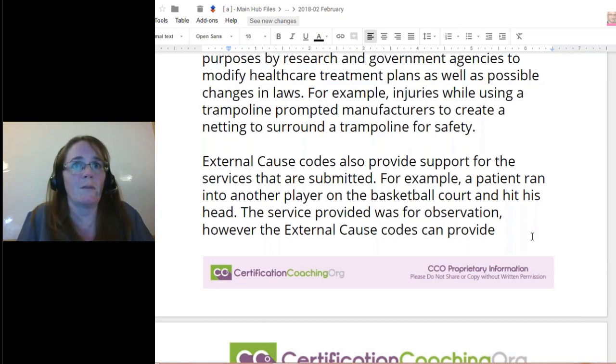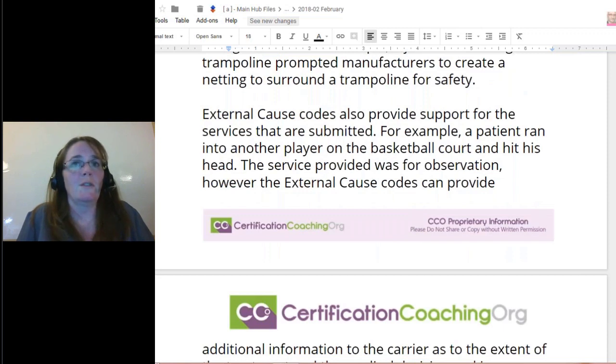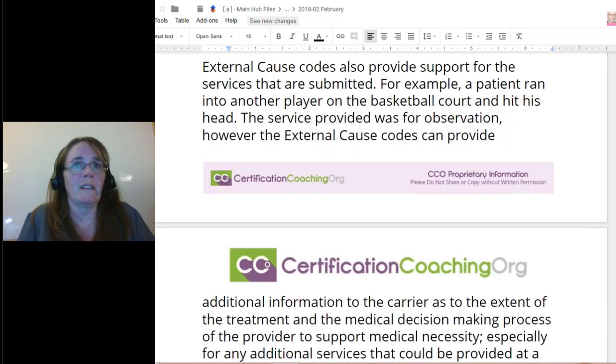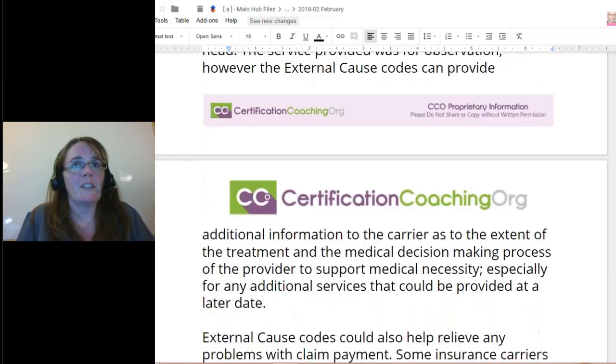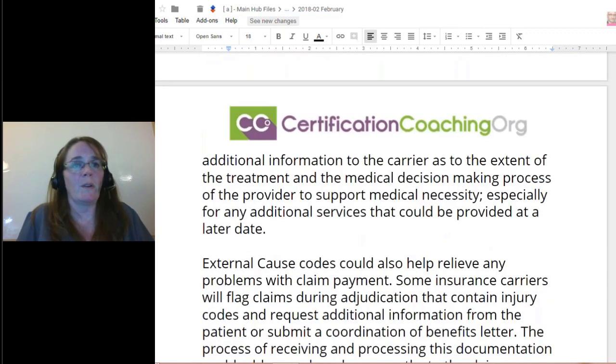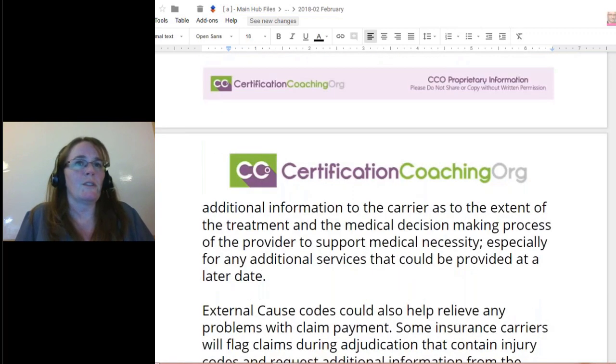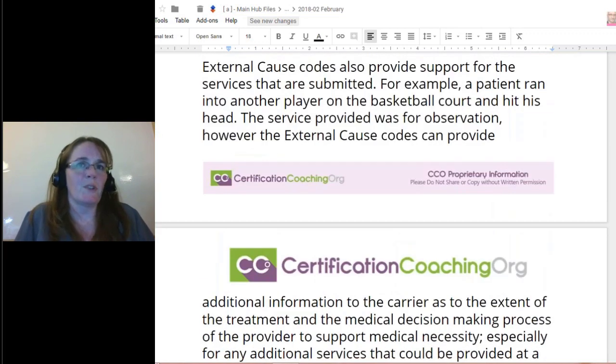We also see these codes being utilized to provide support by means of medical necessity for the services that we submit. For example, if a patient ran into another player on the basketball court and hit their head, the service provided was just observation.